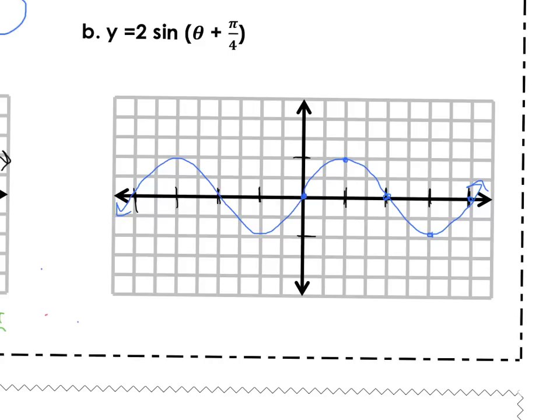First thing I want to do is recognize the fact that our amplitude here is 2. So our maximum y value is 2, and our minimum y value is -2. All right, so now our period, because our b value is 1, we still have a period of 2 pi. To calculate our horizontal shift, we're going to take our c value and divide it by our b value of 1, which is just going to be itself.